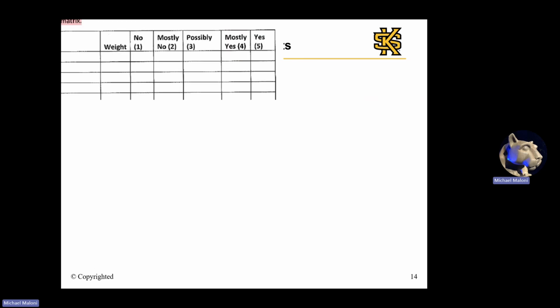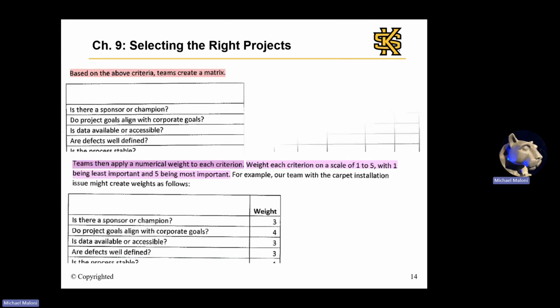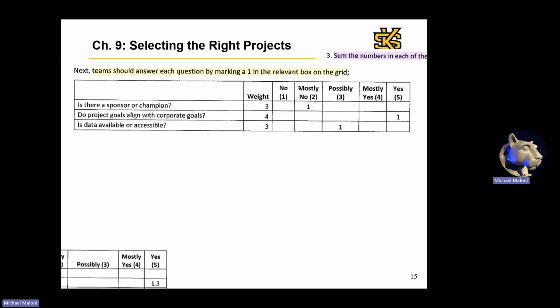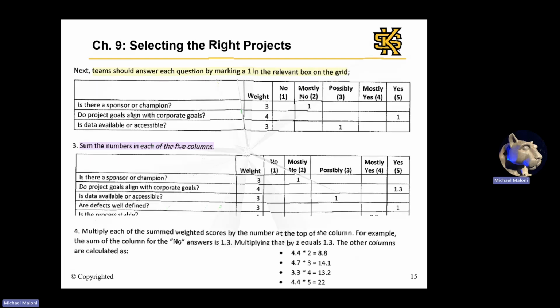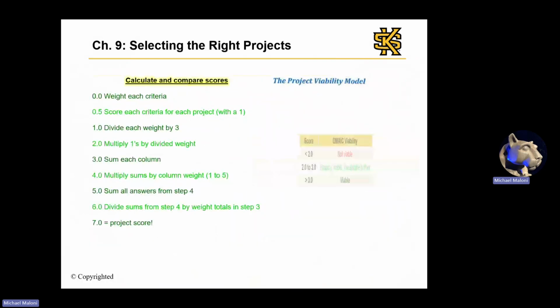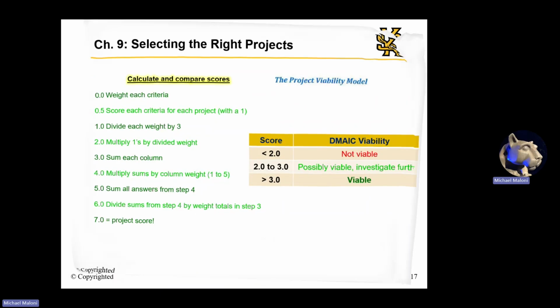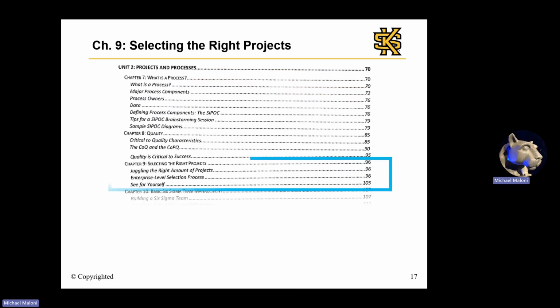The text then goes through a detailed application of the project viability model. And no worries if you don't quite follow all the calculations. The primary idea is to understand the project viability model is a rigorous way to select the right projects in order to maximize the potential success of Six Sigma, including DMAIC.